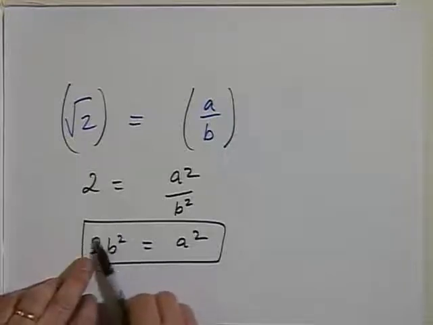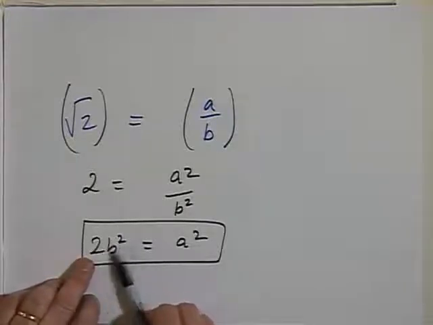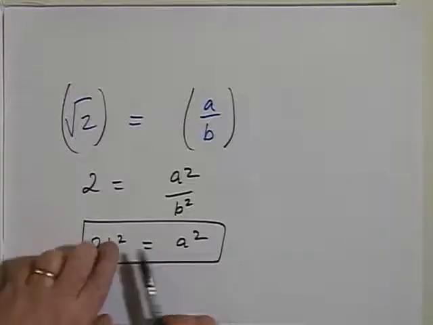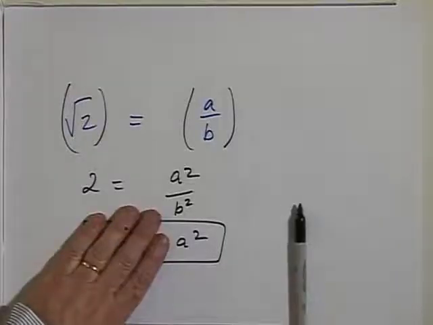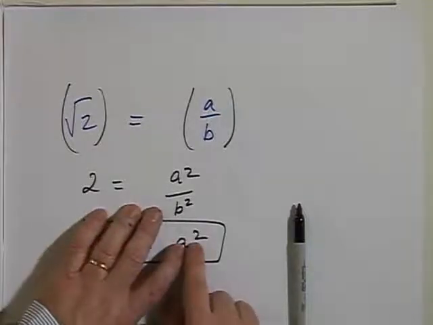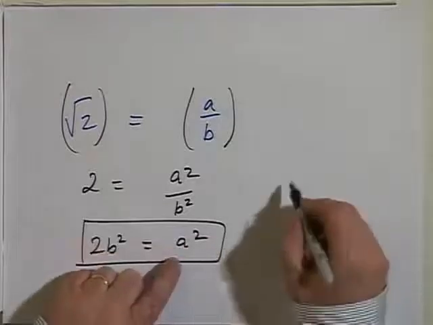Because 2 times that number had to be even. Is that okay? That made sense. Isn't that right? And if this is an even number, what's the square root of an even number? Has to be even, doesn't it? Because odd by odd gives you odd, and even by even gives you even. So this had to be an even number. So A had to be even.